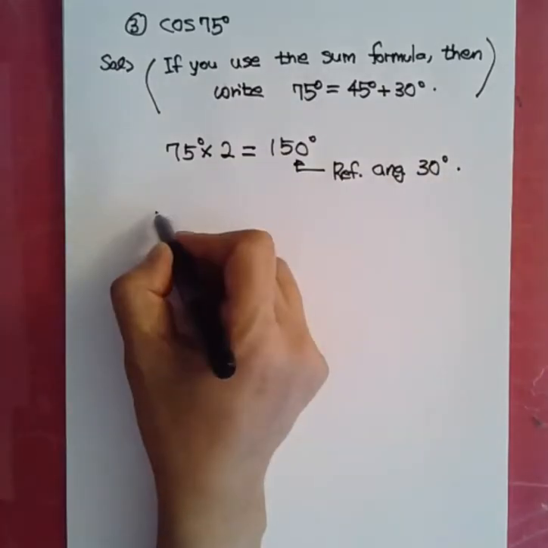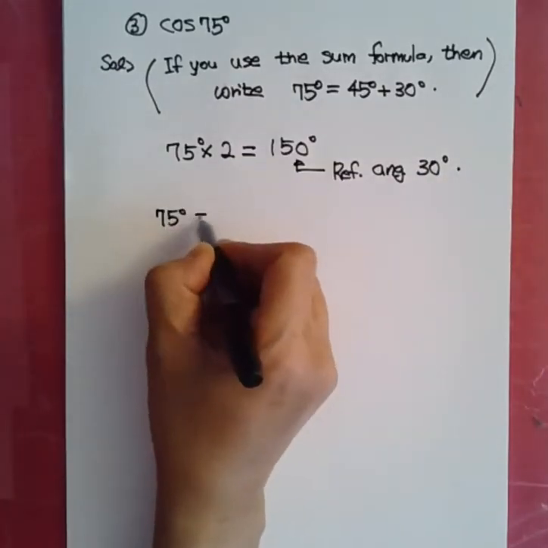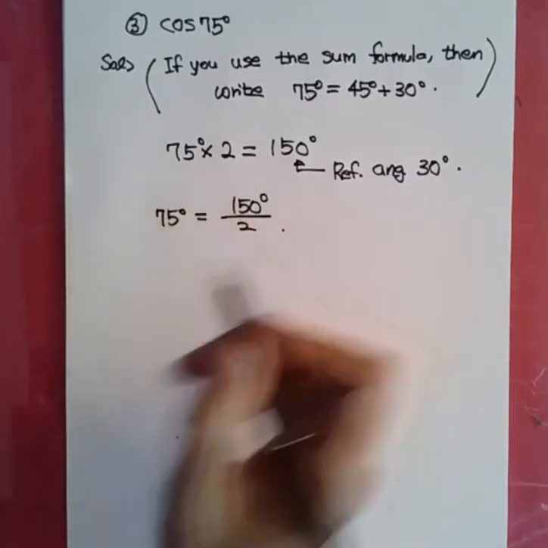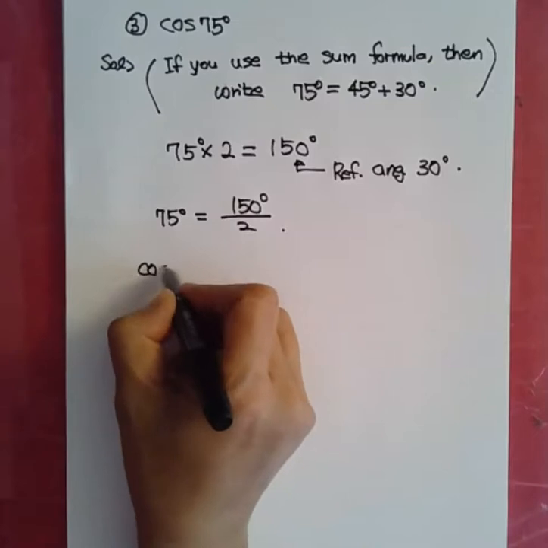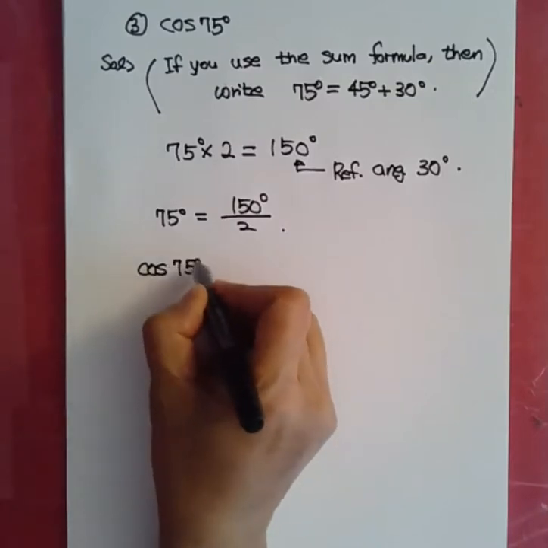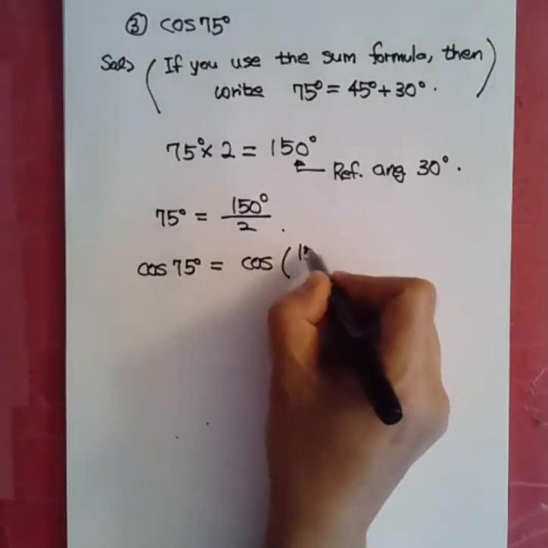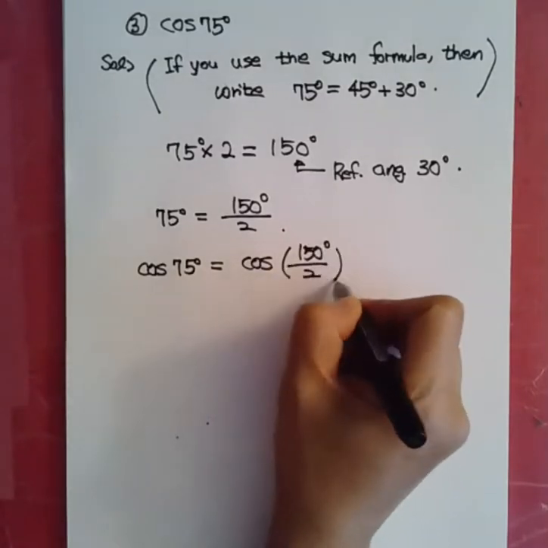So we can say 75 degree is 150 degree over 2. We can re-express cosine of 75 degree as cosine of 150 degree divided by 2.